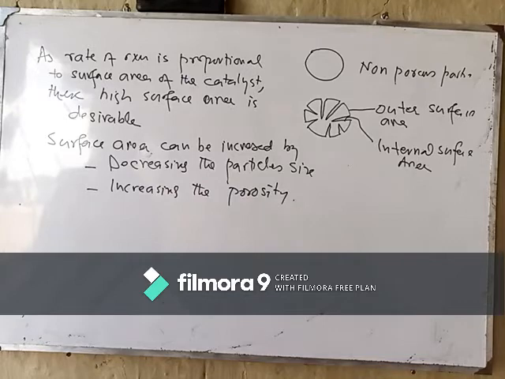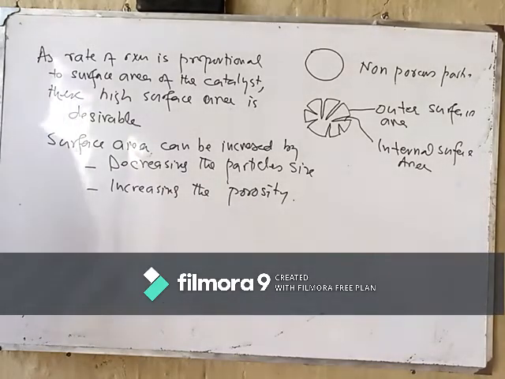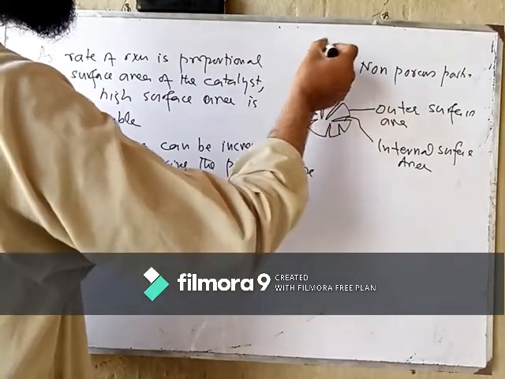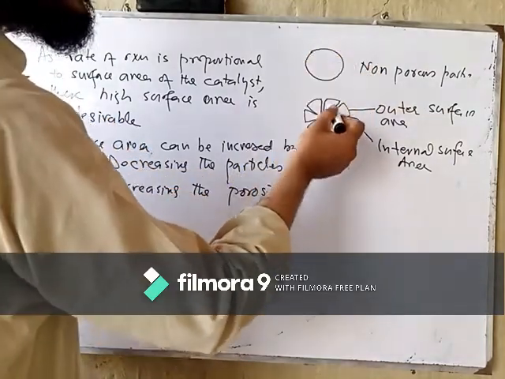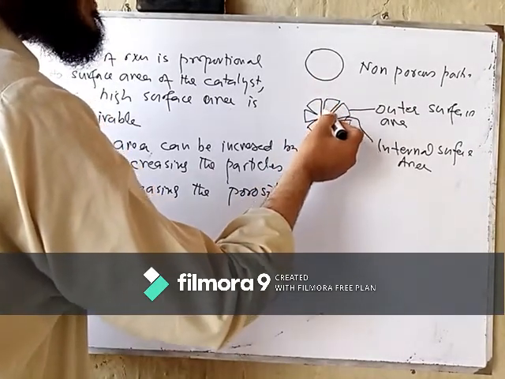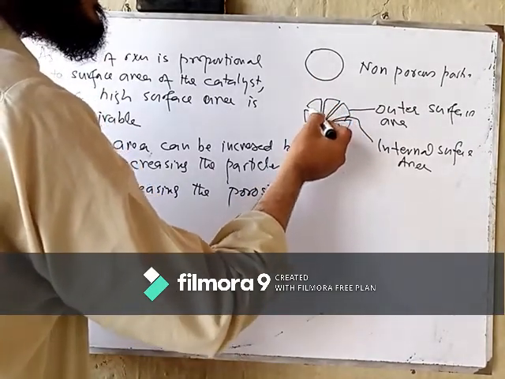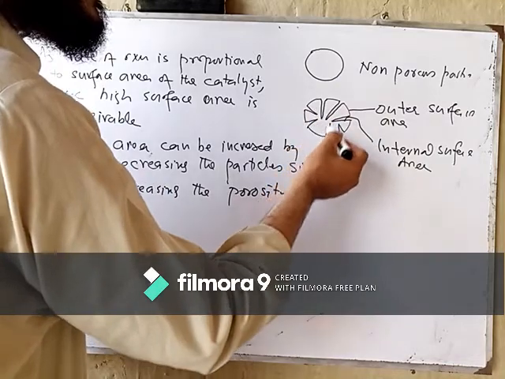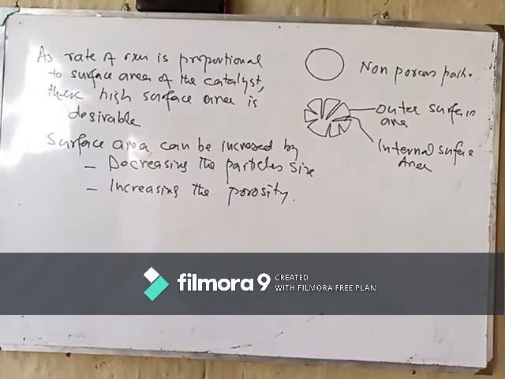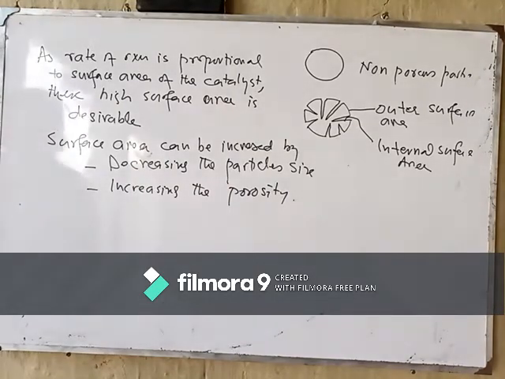Or increasing the porosity. In the non-porous case, there is only the outer surface area. In the porous case, there is the outer surface area, but along with it, the pore walls give extra surface area. So, by making the particles porous, the surface area can be increased. Very fine particles have higher surface area.